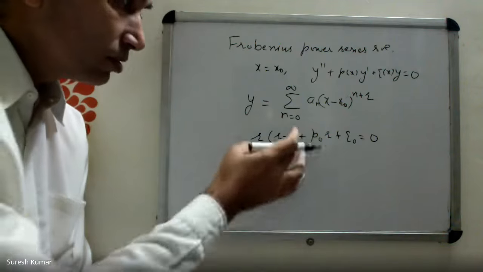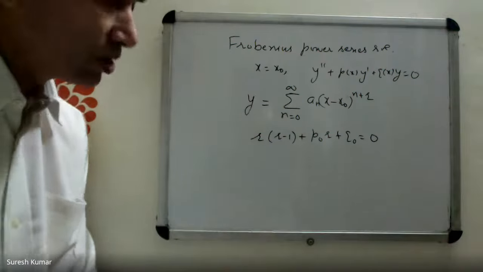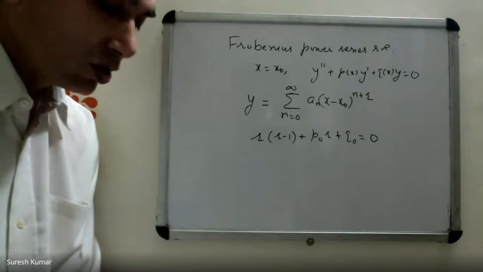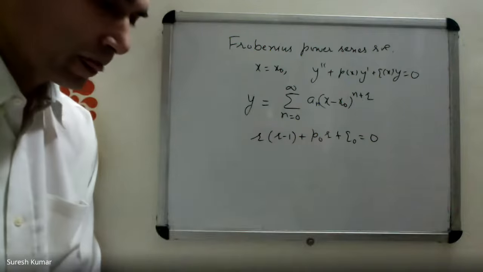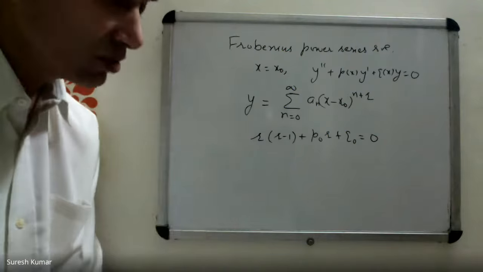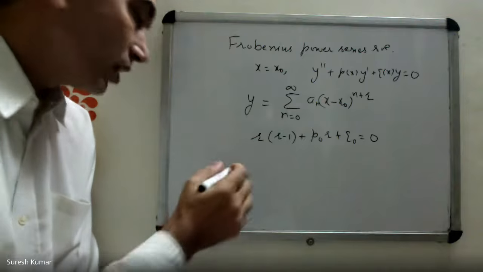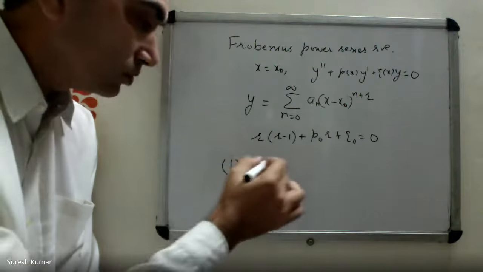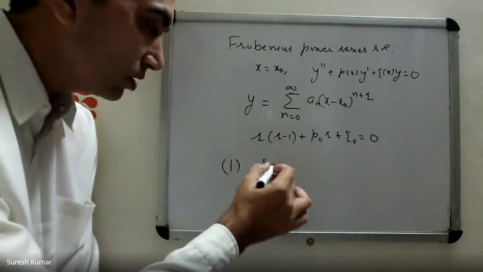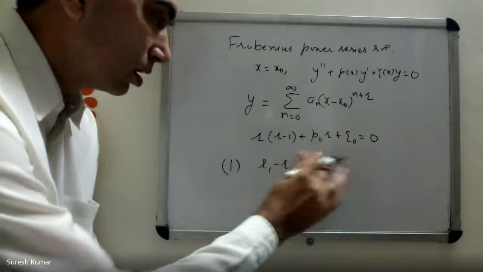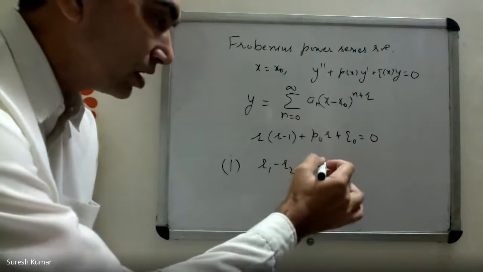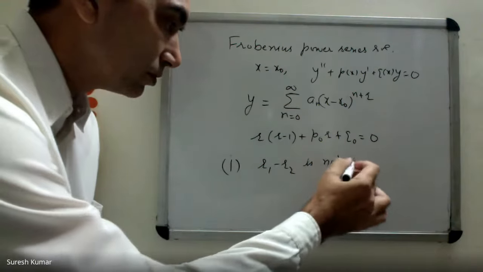After that, whether one Frobenius power series solution is obtained or two, it depends on the roots of the initial equation and depends on the differential equation as well. So there are three cases I told you. First case, if the roots of the initial equation are such that r1 minus r2 is not an integer.